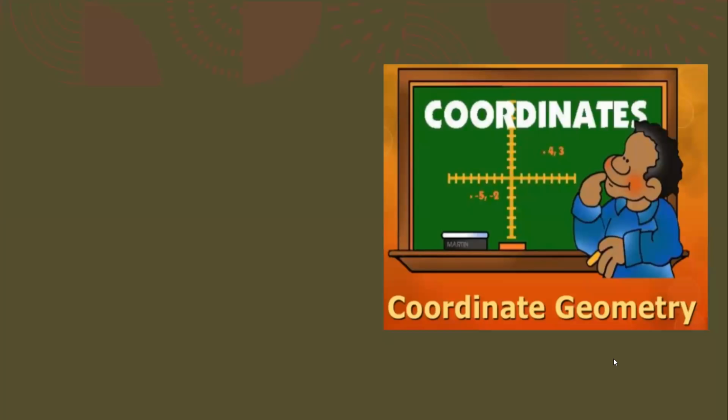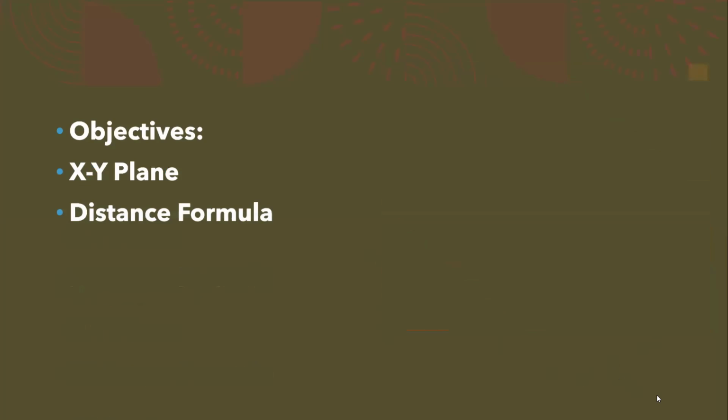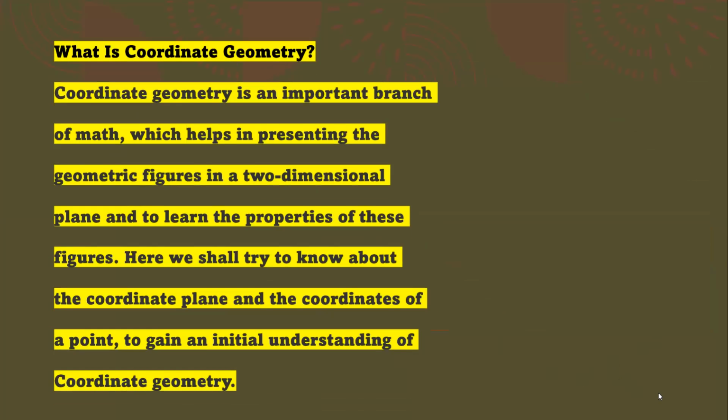Now let us see in this PPT what is meant by coordinate geometry, what are the objectives, the xy plane and distance formula. So first of all, what is coordinate geometry?